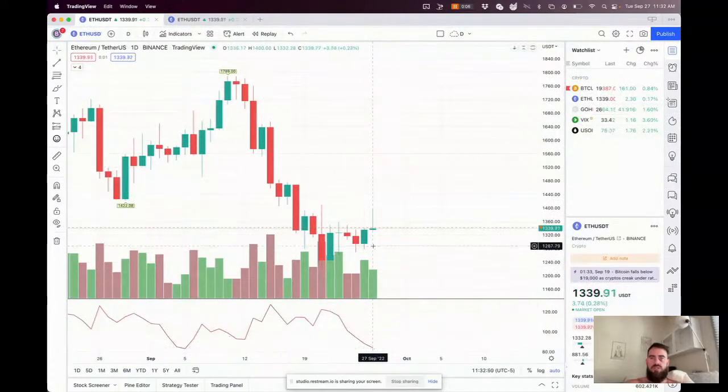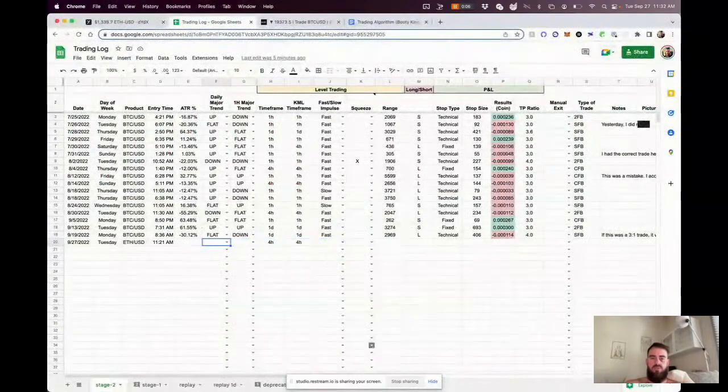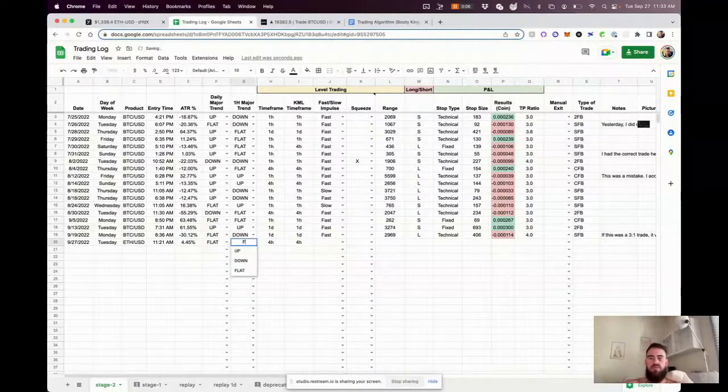The range so far today is only 3.74. Average true range is 84. So that's 0.74 divided by 84. We're flat in the daily and flat on 1 hour, in my opinion. Impulse, don't know yet.